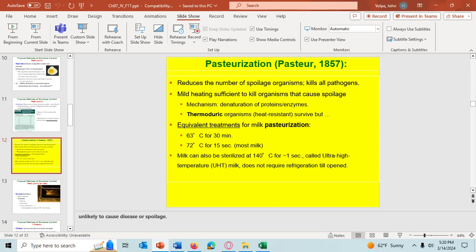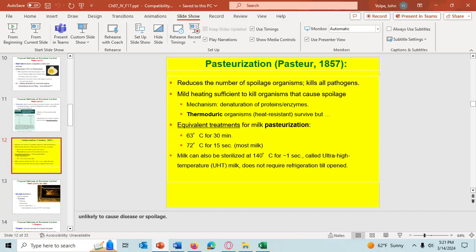If you want to know, Louis Pasteur invented pasteurization because the beer and wine industry came to him and asked, why is our alcohol spoiling? He studied it and found that if you apply mild heat sufficient to kill the agents causing the spoilage, but not high enough to damage the product, meaning some evaporation of the alcohol occurs, but not all of it, it works.